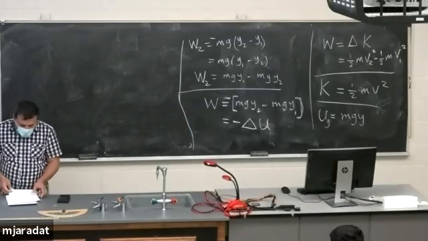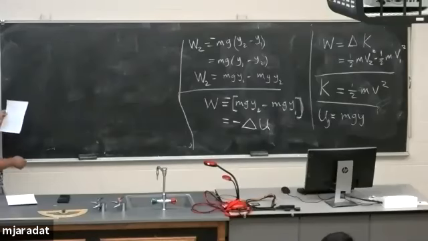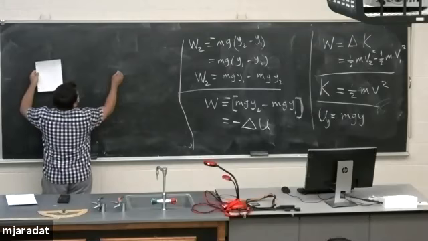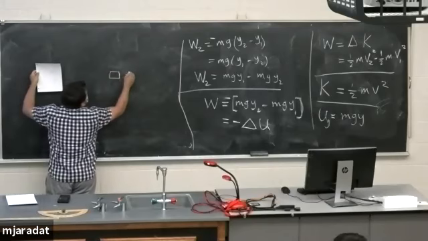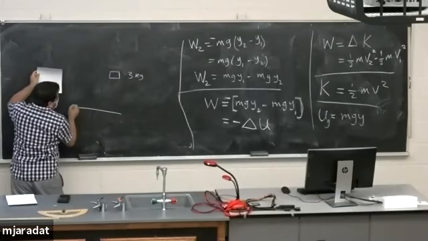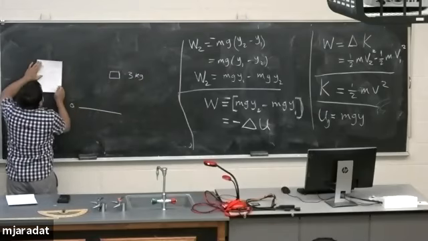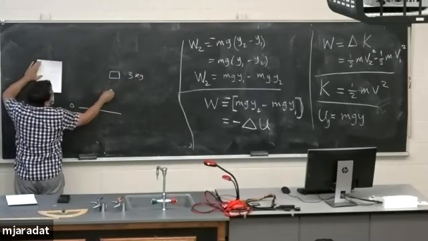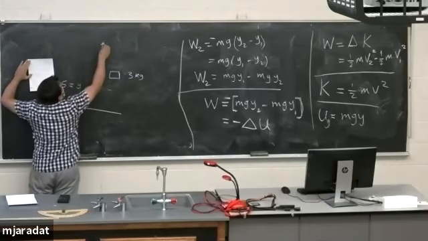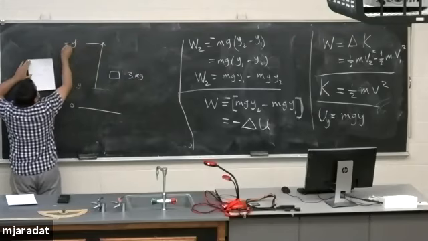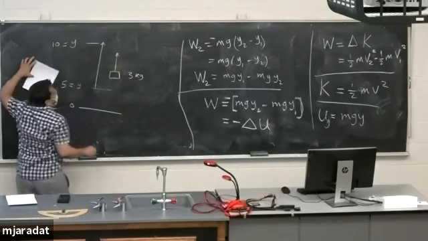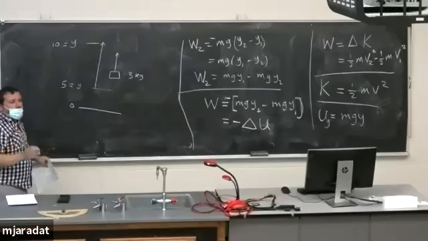Okay, in the second page example, we need to lift a mass of 3 kilograms, if this is 0, from y equal to 5 to y equal to 10, with constant velocity.